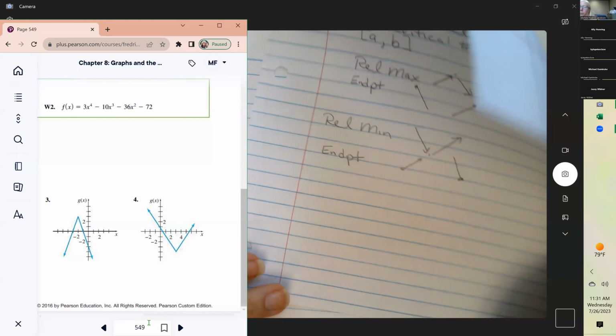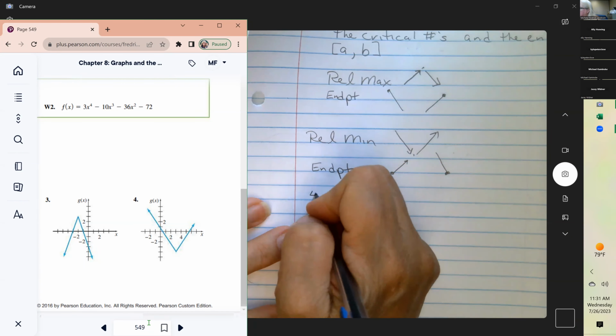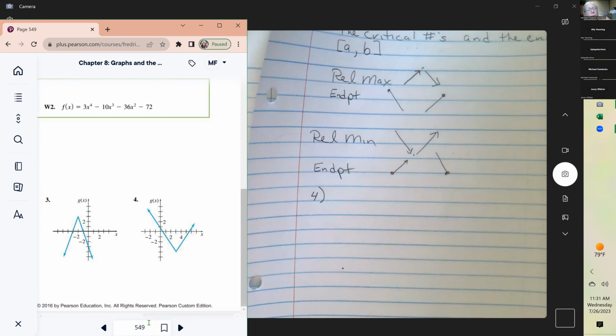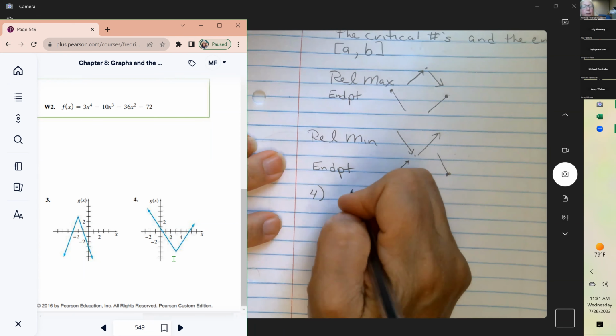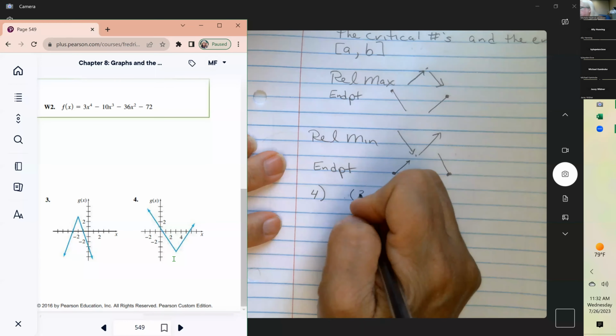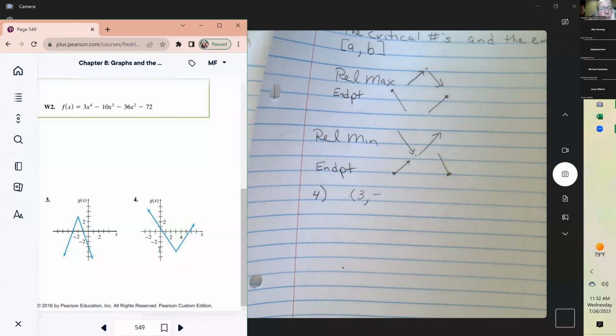Now if we look at number 4, we want to find any max or min. These arrows keep going, so there is no endpoints to look at. But this point here, this is a low point. Three, negative, looks like -4.